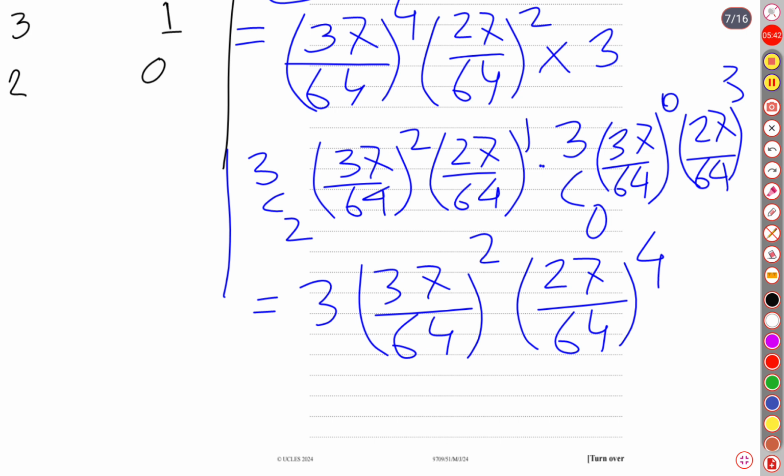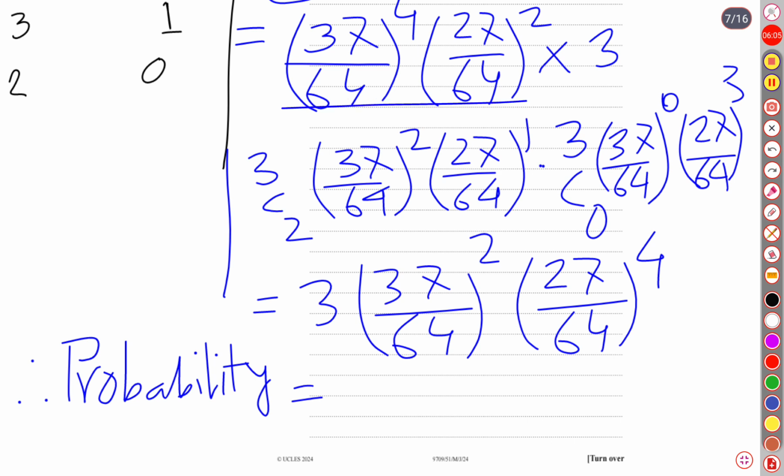Now let's calculate them individually. Hence the final probability is equal to, first this one was our question. 37 over 64, how many times?